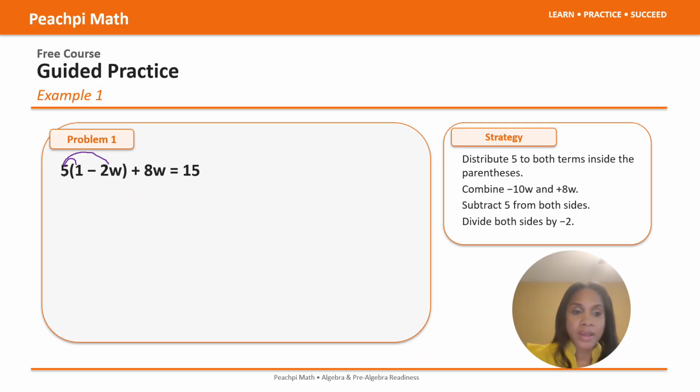So I'm multiplying 5 times 1. That gives me 5. 5 times negative 2w. 5 times 2 is 10, so that would be a minus 10w. This minus applies to that 2. And then I want to bring down everything else. I'm bringing down that 8w and that 15. Next, I want to see if I have like terms on the same side.